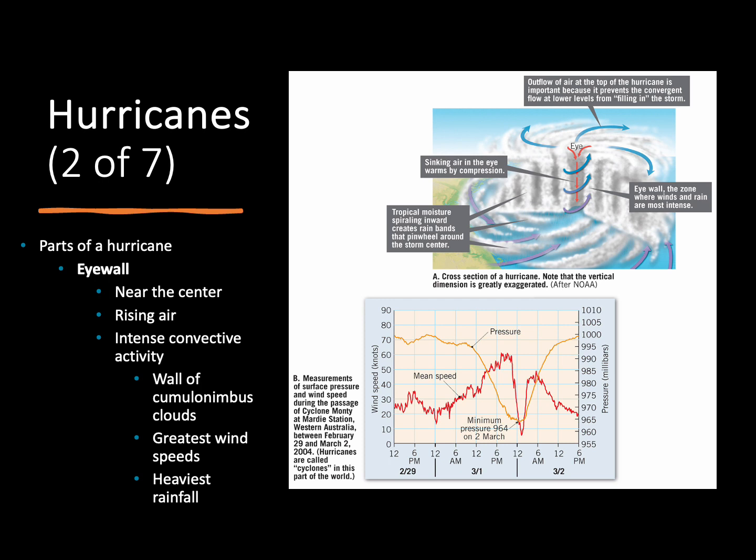Within the eye wall, this is going to be a really thick wall of cumulonimbus clouds that are spinning in that convective activity, where they are rising air moving upwards through our atmosphere in this cyclonic pattern. With our eye wall, this is going to be where the most intense rotation is occurring. So here we're going to have the greatest wind speeds as well as the heaviest rainfall.